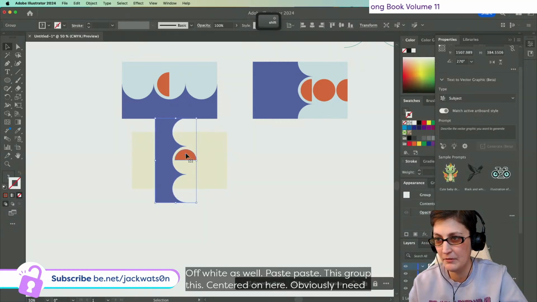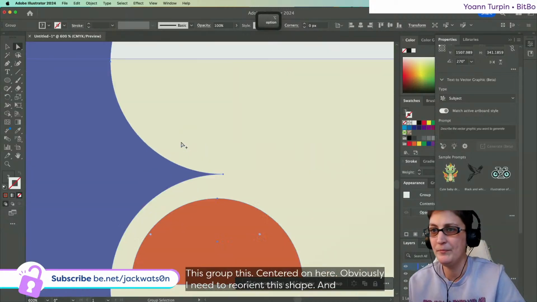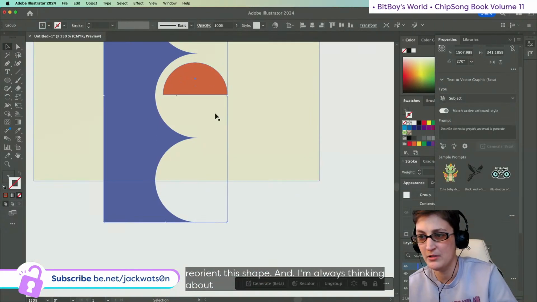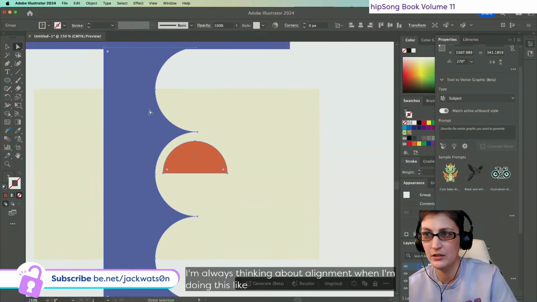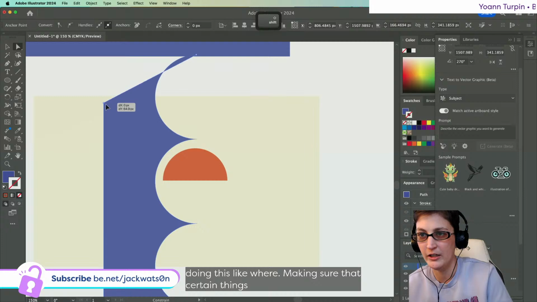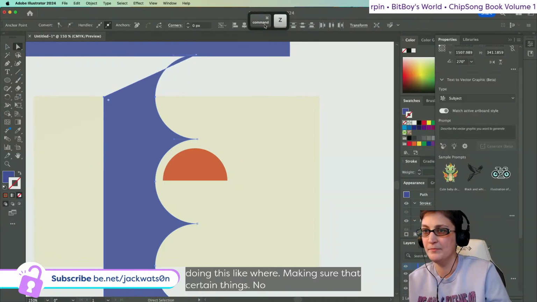Obviously I need to reorient this shape. I'm always thinking about alignment when I'm doing this, making sure that certain things line up. Nope, wrong one. There we go.